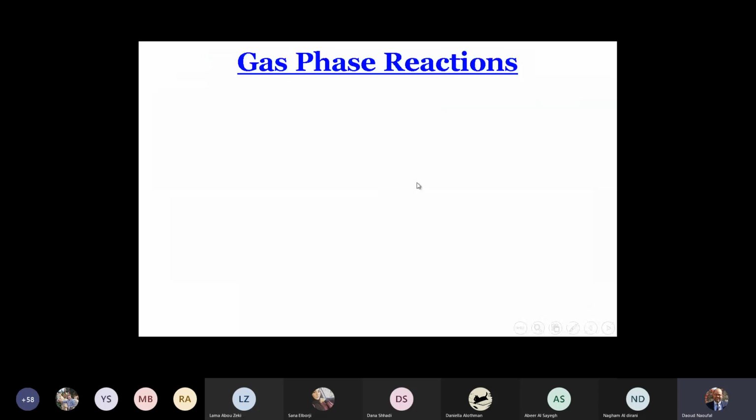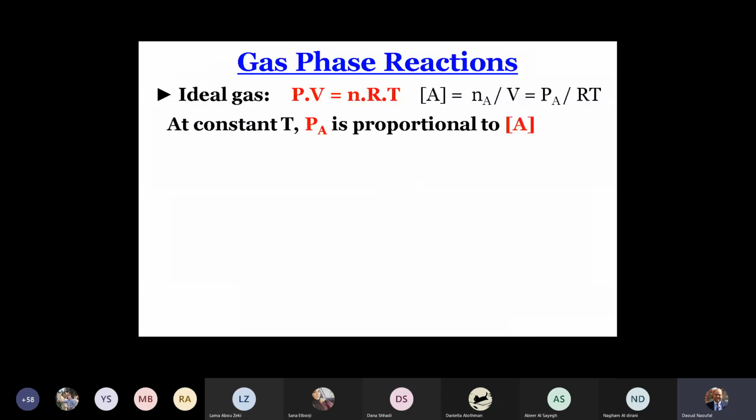Suppose our reaction is in the gas phase, so we can pass from the concentration to the pressure. The pressure, the number of moles, and the temperature of a gas are related according to the ideal gas equation PV equals nRT.